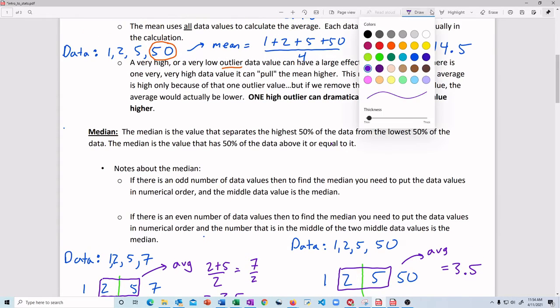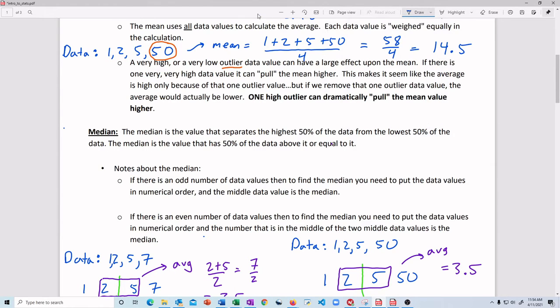Let me actually show you one other example just because I want to show you how to do it in every single way. So there is one other way that the median can kind of show itself and is calculated slightly differently. And that's this. Let's say your data is, and I'll just write it all out without the commas right now, 1, 4, 7, 10, 11. This is the easy way.